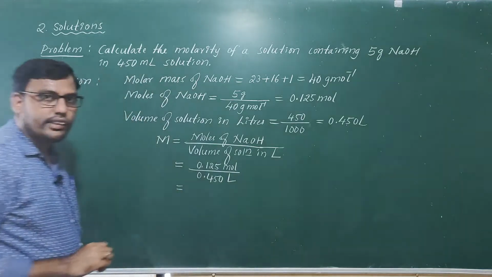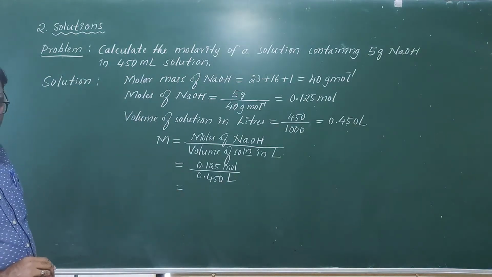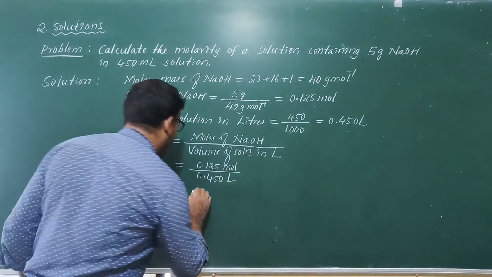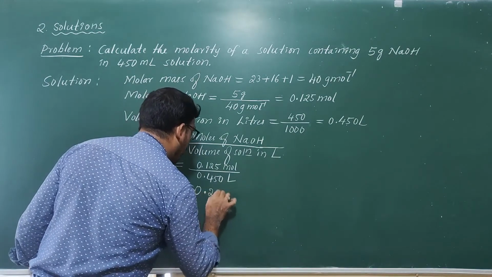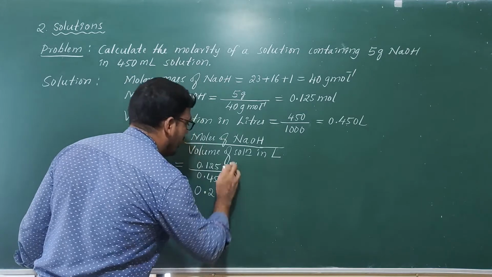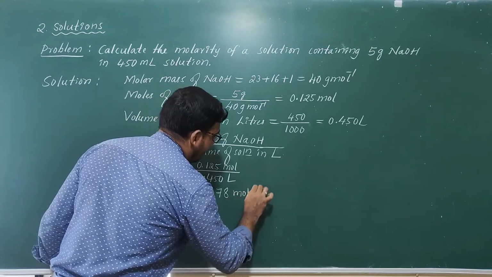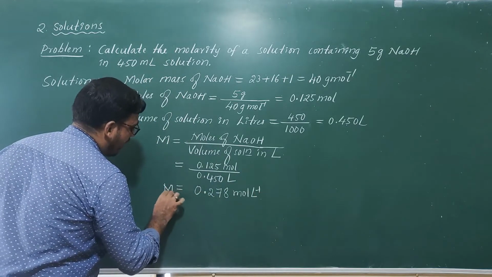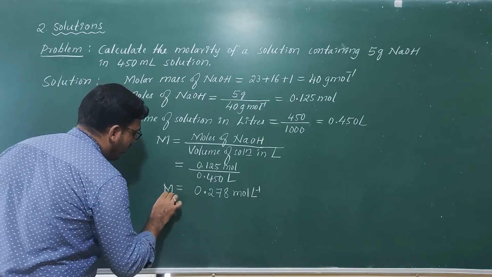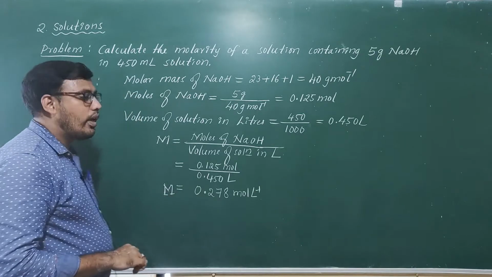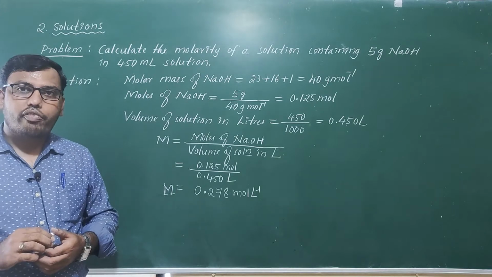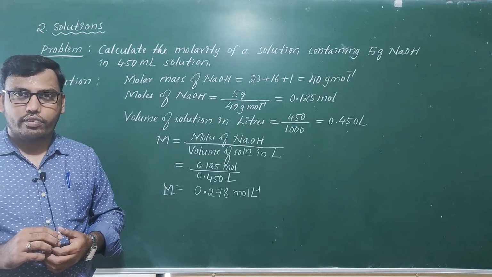So you will get the answer 0.278 mole per liter. So this is how we can calculate molarity, and also I have given another formula to calculate molarity that will be helpful even for CET and NEET examination.